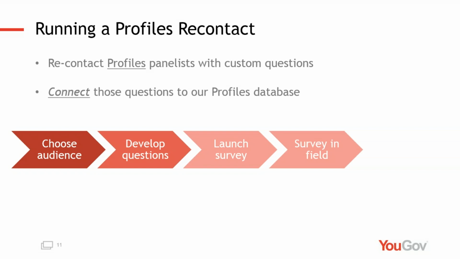So we can have your results into profiles in as little as 3 business days. For some of the more custom audiences, that is a bit longer, but generally we're looking at about 7 days for you to have all of your answers.